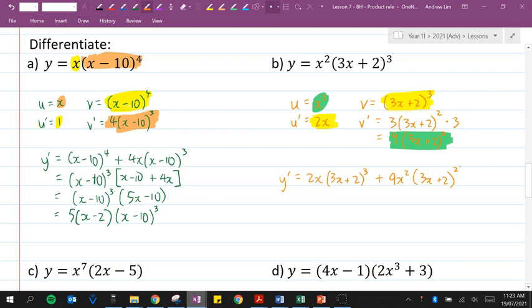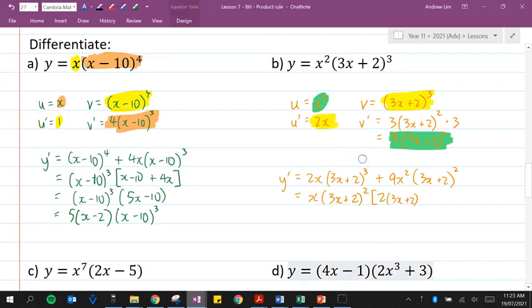Okay, I'm going to tidy this up. I'm going to factorize out a common factor of x and 3x plus 2 squared. That leaves me for this first term 2 lots of 3x plus 2. And for the second term, it leaves me with 9x.